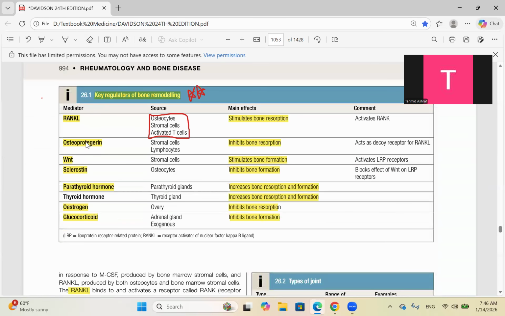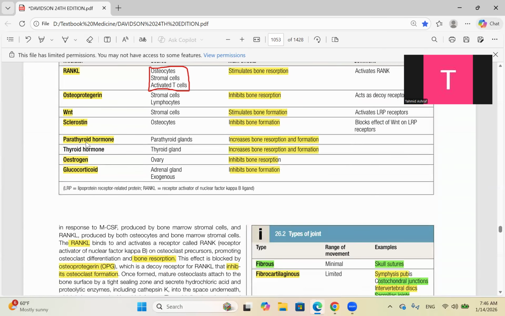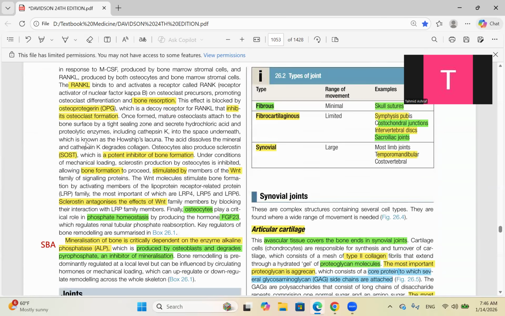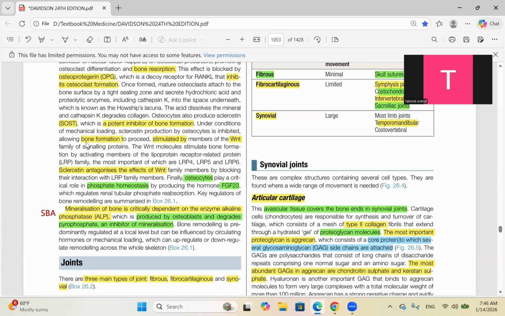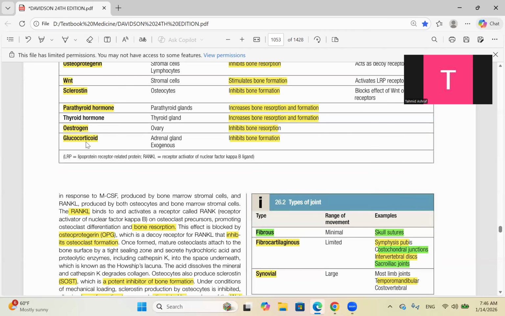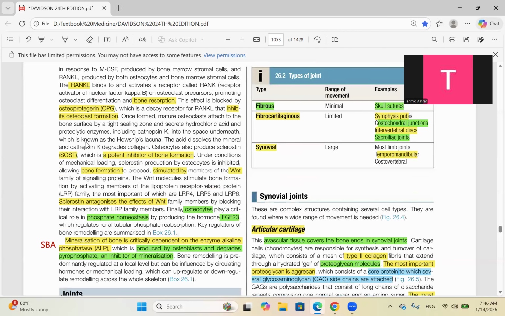Then the box, factors favoring bone formation and factors causing bone resorption. Let's study these also. RANKL causes bone resorption. Osteoprotegerin causes bone formation.